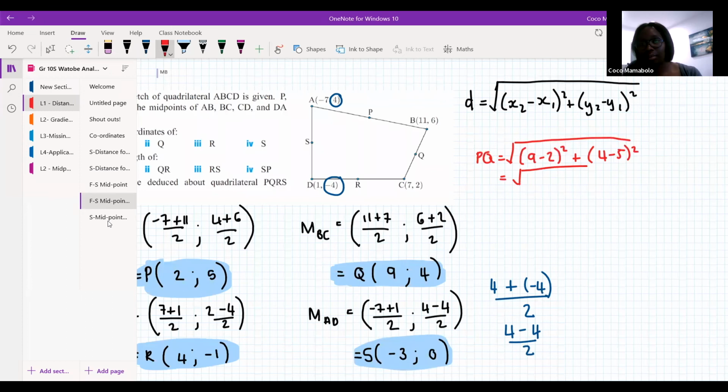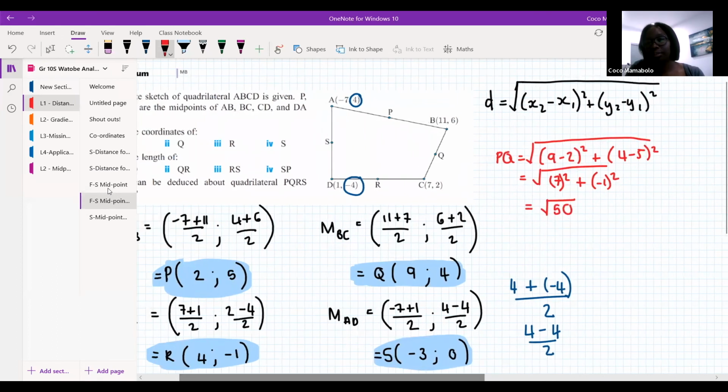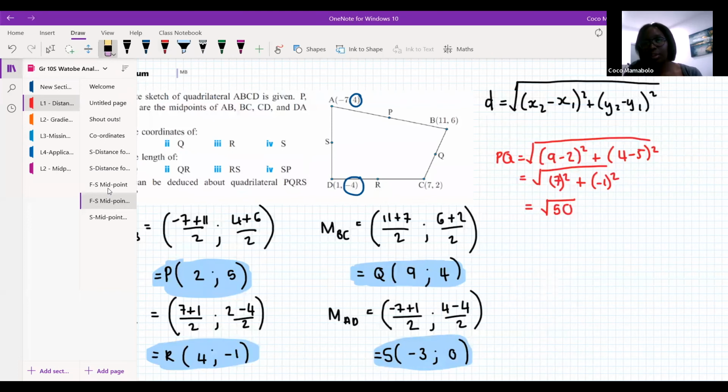That will give me 7 squared plus -1 squared, which will equal the square root of 50. 49 plus 1 will give me the square root of 50. Good, guys. Then they're asking for just the length of QR. Please give me the length of QR.